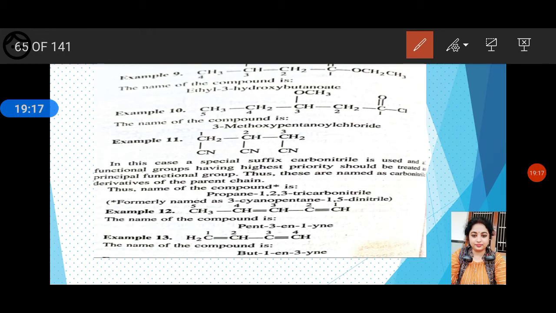Now it's time to write the name. 5 carbon, so pentane will be there as a root word. This methoxy group is present at third carbon. So 3 methoxy pentane, and for this we write oyl chloride. 3 methoxy pentanoyl chloride. We can also write dash 1, but it is clear that if the number is not written, it means it is on the first position.